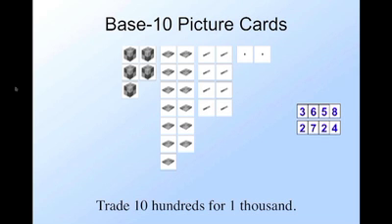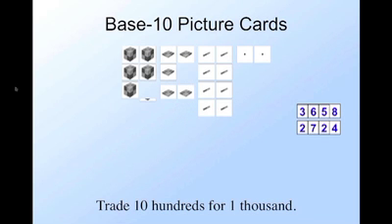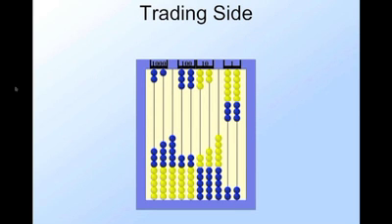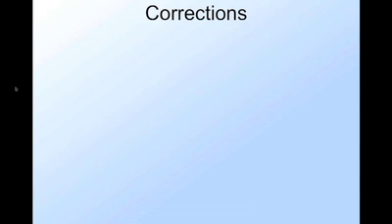Can I trade anything else? I can trade 10 hundreds for 1,000. I just added 4 digits with carrying and nobody even cried. Once we go from here, then we're going to go to the abacus and start to work with it.